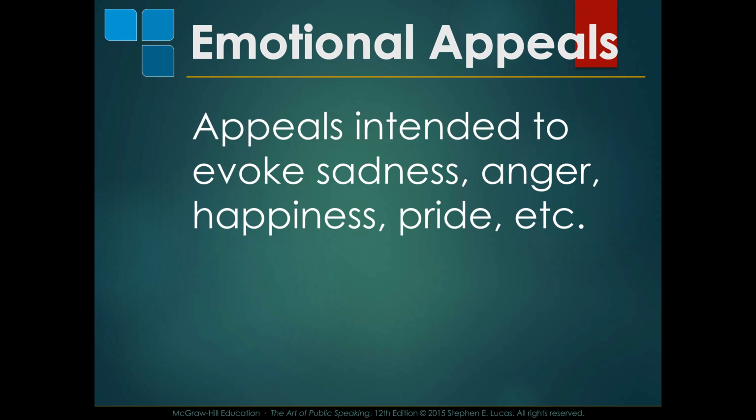Now, emotional appeals are the second kind of internal persuader. And these are appeals intended to evoke sadness, anger, happiness, pride, something like that. And the thing about an emotional appeal, if it's done right, is that it can get people to act very quickly on impulse because emotions are tremendously powerful.